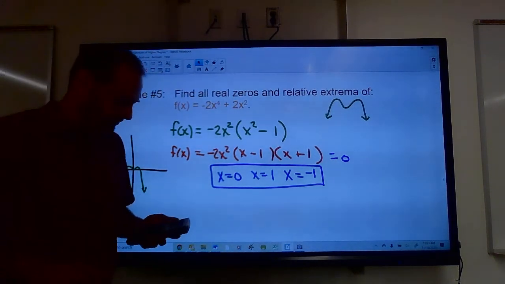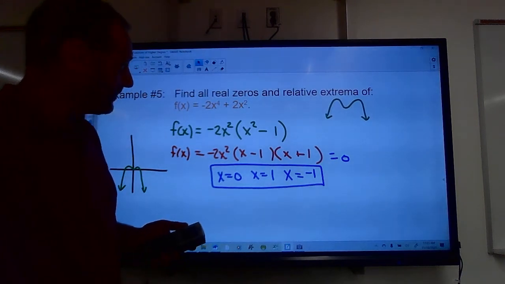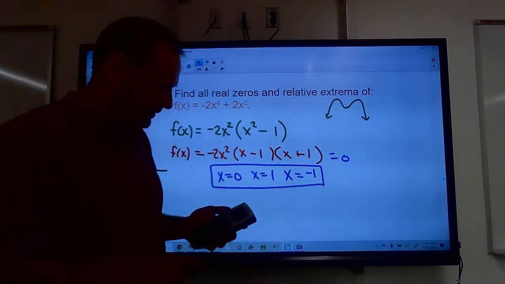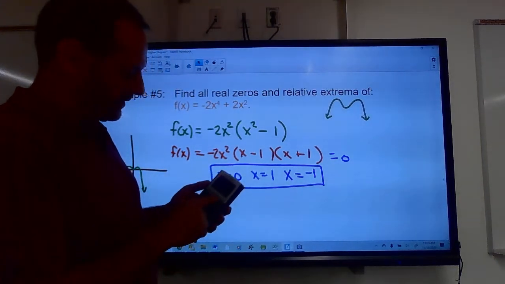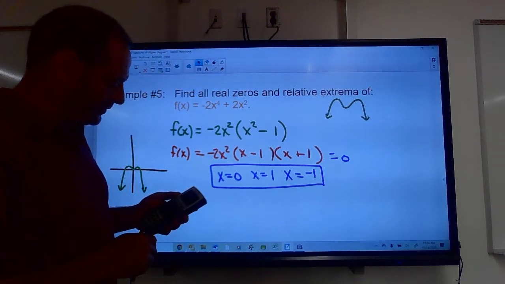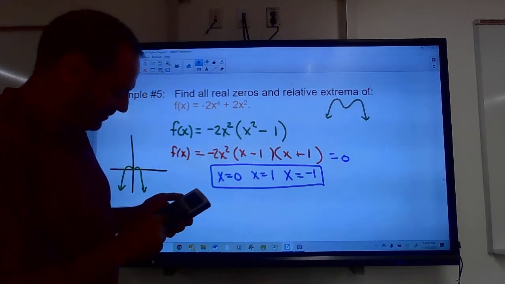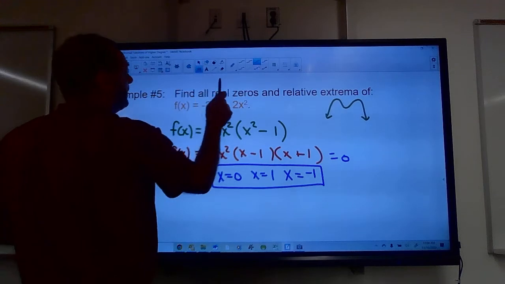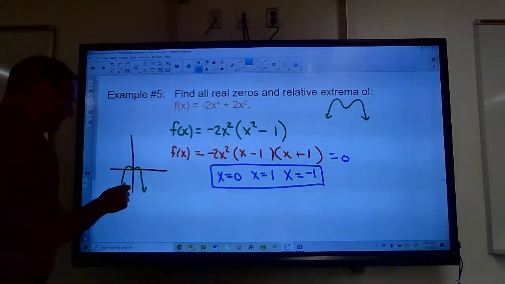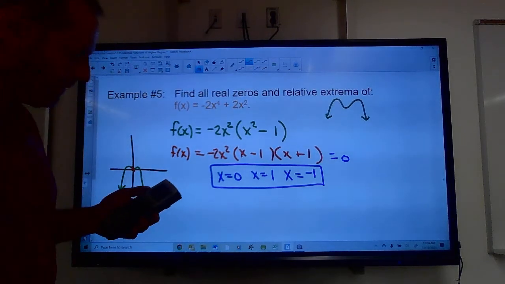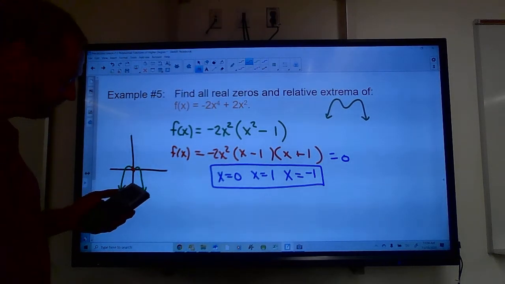So how do I find the extrema? Well, I can go to calculate. You push the blue second key, and above the trace there's calculate. Then you go to minimum, number 3. It will put a little X somewhere on the graph. Mine happened to put it right on the minimum.